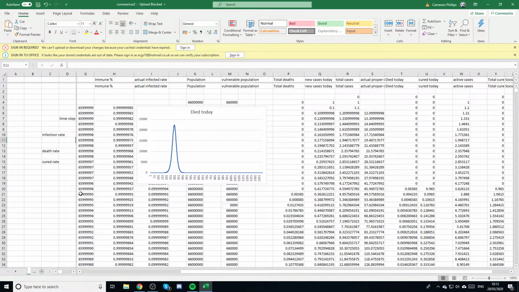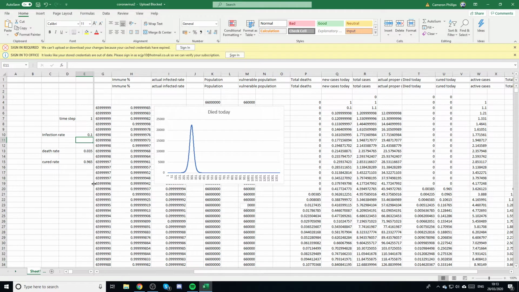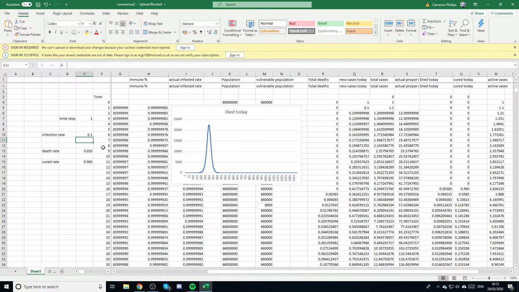With an infection rate of 0.1, it means that people are still getting it quicker than people are getting better. So that's about the key figure. When we reach that, we've closed it off. Below that, we stop closing this thing down, temporarily at least.